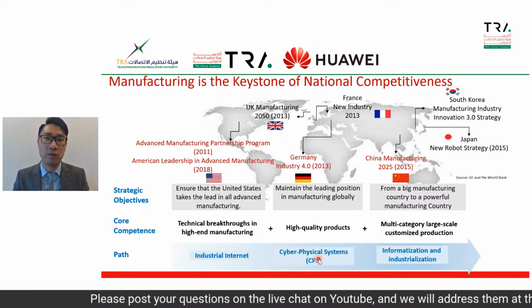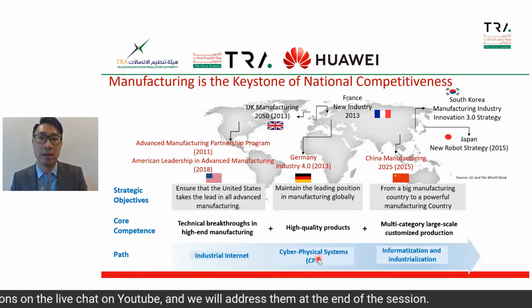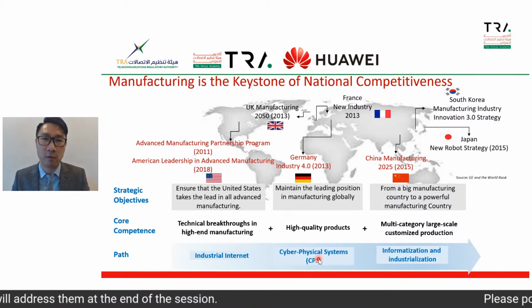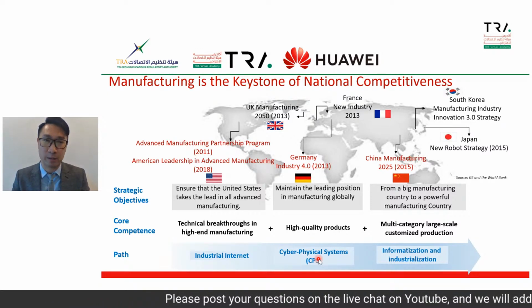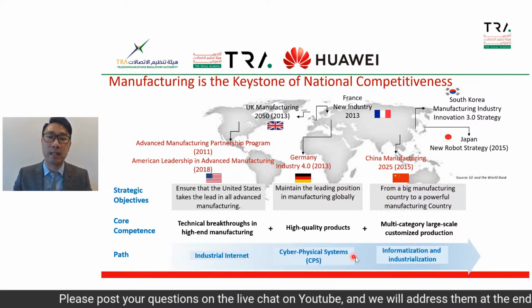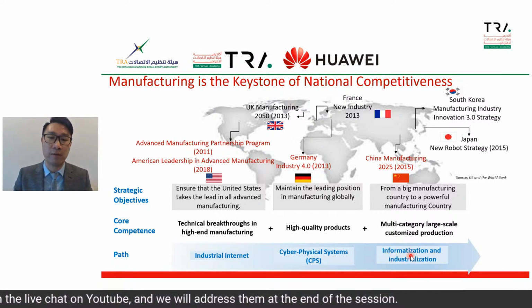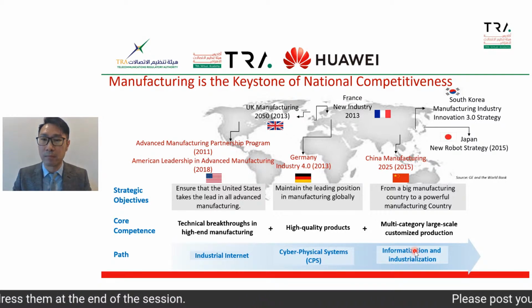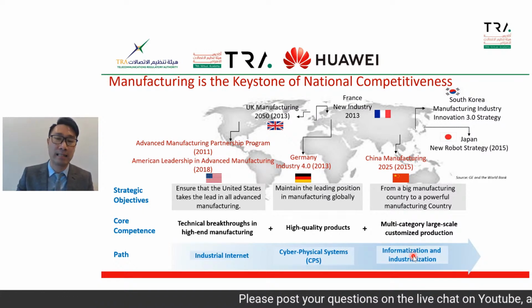So after you integrate all these, it will have interactions with the human, machine, and environment with the information. So you want to build a digital manufacturing factory. And after you have this system, you can have the manufacturing industrial with all the information you need. So this involves informatization and industrialization.